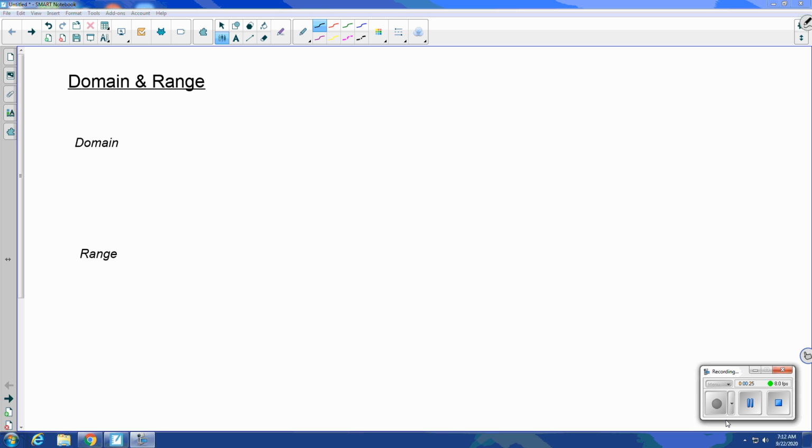So domain will be all the valid inputs to the function. This is going to be for functions, so we'll make a note: for functions.